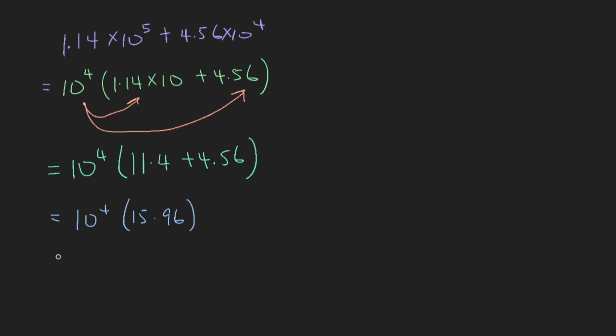Unfortunately, this is not the standard form because the number cannot be greater than 10. So we have to shift the decimal place to convert it into the standard form. So we will write 1.596 times 10 to the power of something. So you have to think, what is here? To get back this number, something larger, you will have to have one more place than 4, which is 5.